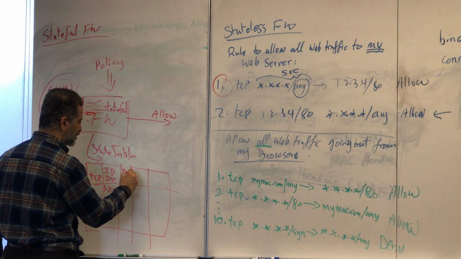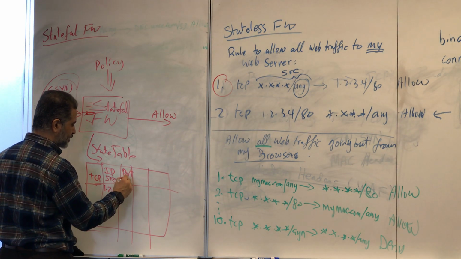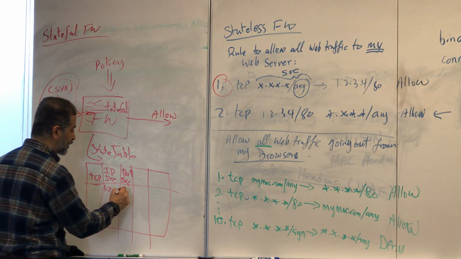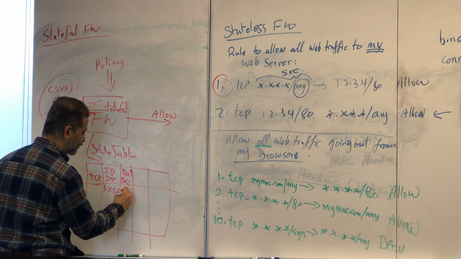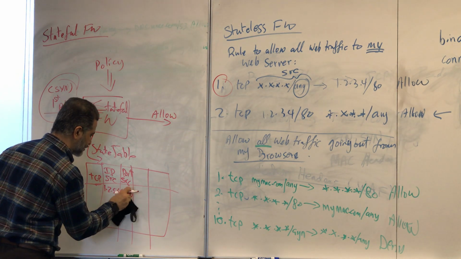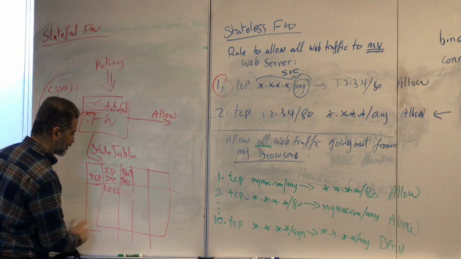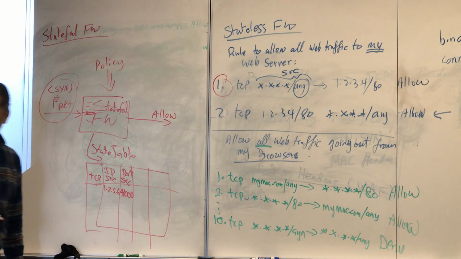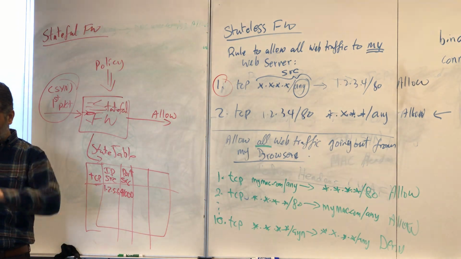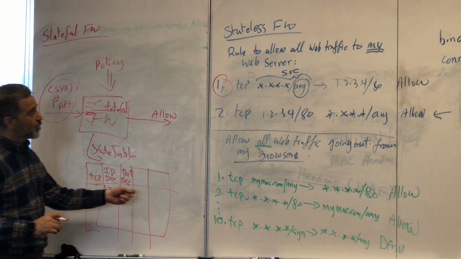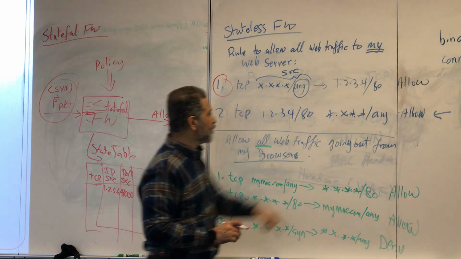And then the source port, you're going to record it. It is actually 41,000, because we said the clients' ports are above 30,000. It's going to whom? It's going to 1, 2, 3, 4, and 80.